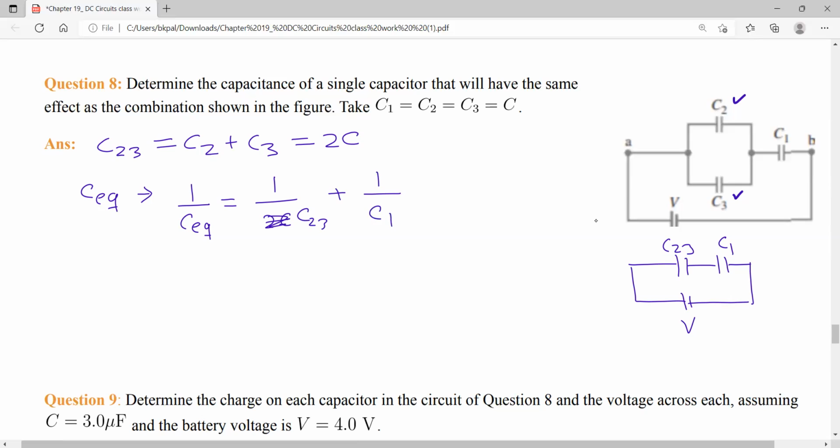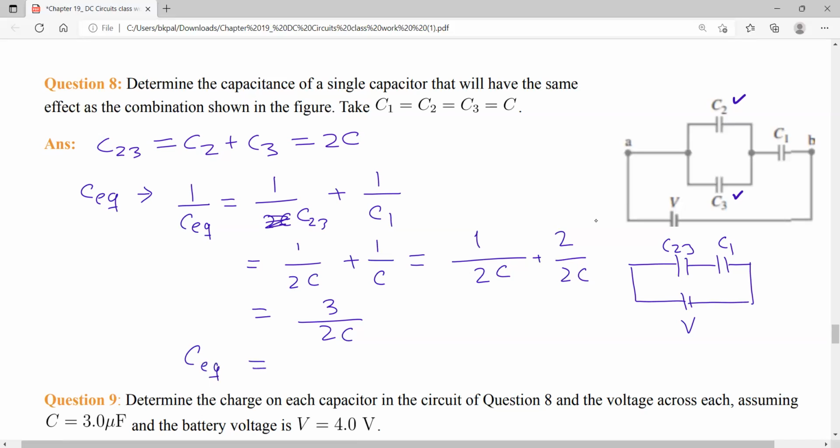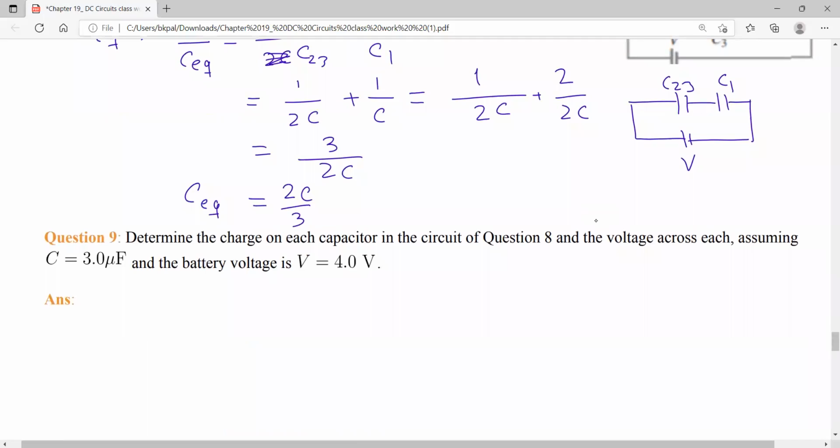So this is 1 over 2C and this is 1 over C. When we solve it, we can see that it is 1 over 2C plus 2 over 2C, so it is basically 3 over 2C. So C equivalent is just the reciprocal of this, so 2C over 3. All right, next one.